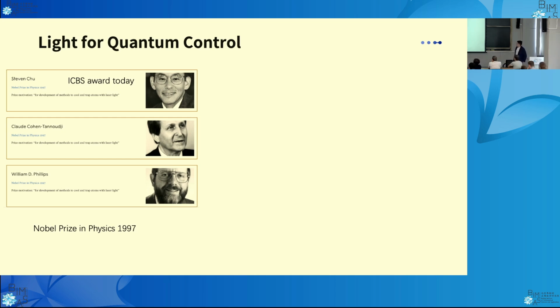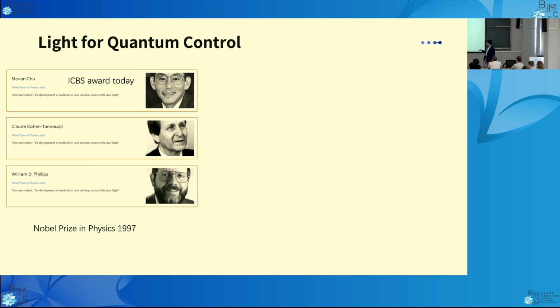This is based on the technology that was developed sort of in the late 90s, and the first Chinese American person, Steven Chu, was given the ICBS award this year.